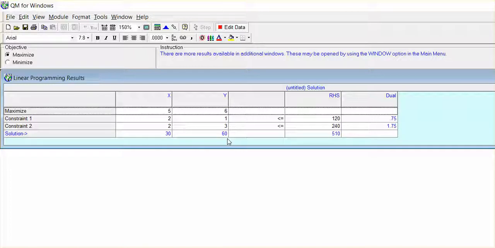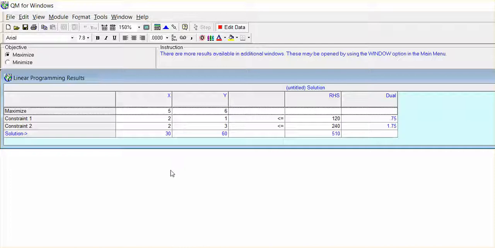And then in part B, it says, if a technical breakthrough occurred that raised the profit per unit of x to 8, would this affect the optimal solution? Once again, when they're saying optimal solution, they're focusing on 30 and 60.